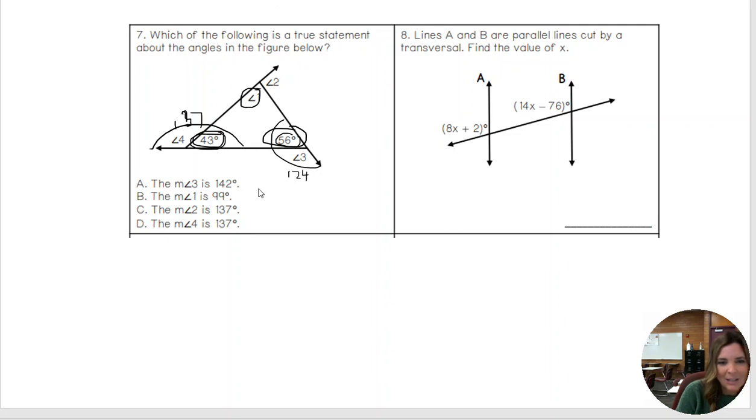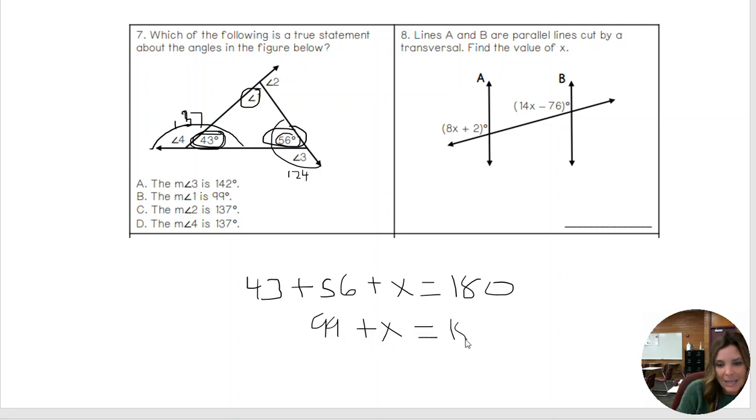We also know that this angle right here, 43, this angle right here, 56, and this angle right here, angle 1, need to add up to be 180. So 43 plus 56 plus the one we don't know needs to equal 180. If you add these two right here, you get 99.